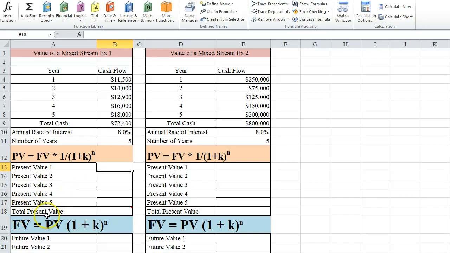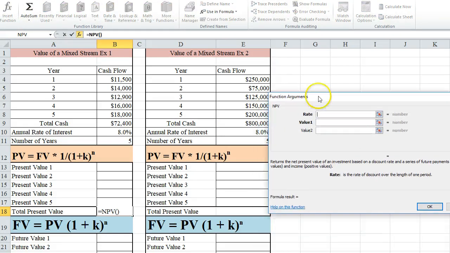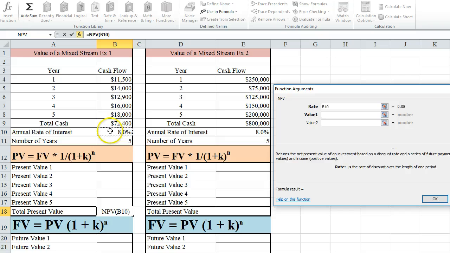If we just want to get the total present value, we could use this net present value function, which is another nifty function. So NPV, net present value, we're going to search for that. Here we got net present value. So here we put in the rate, and then we put in each of the values for every year.